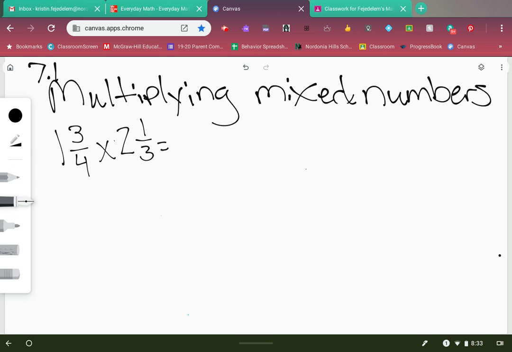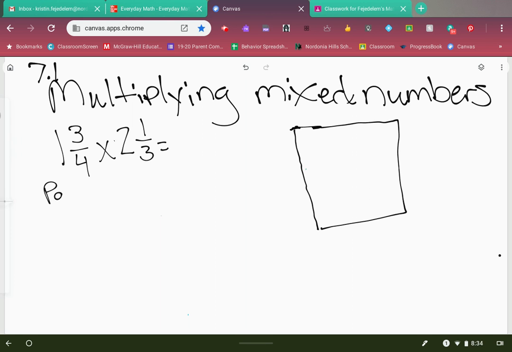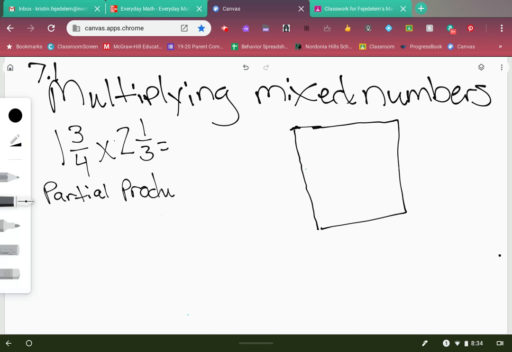So this time, I'm going to draw a larger box because I have 2 mixed numbers. So 1 3/4 needs to be broken up with whole number and fraction.